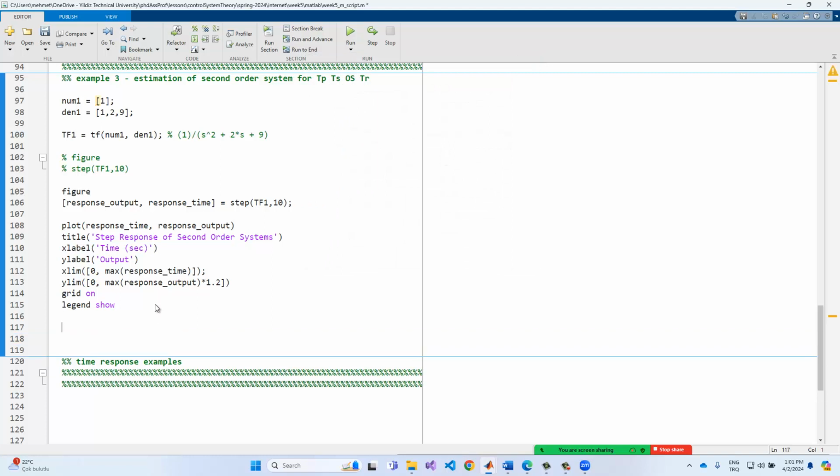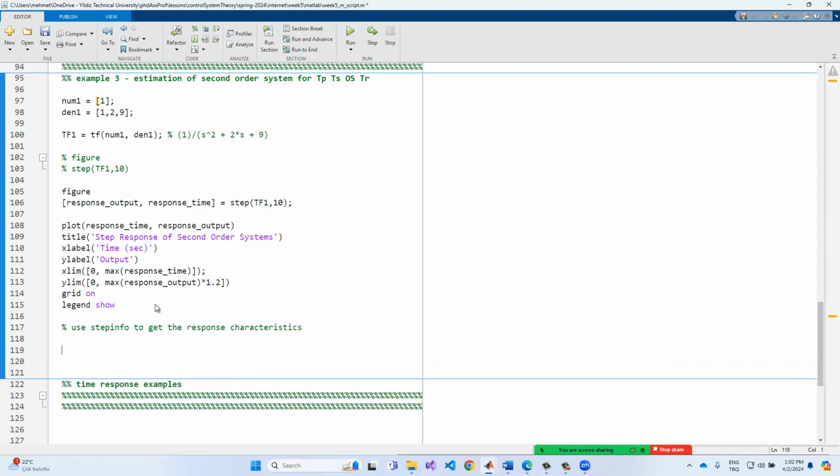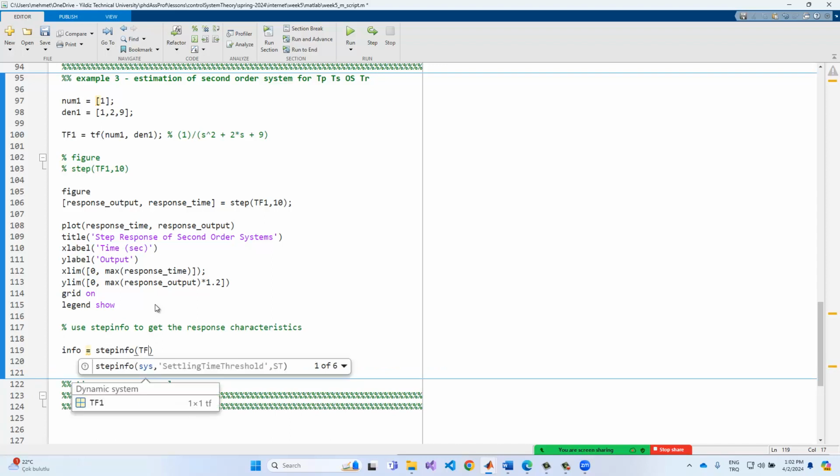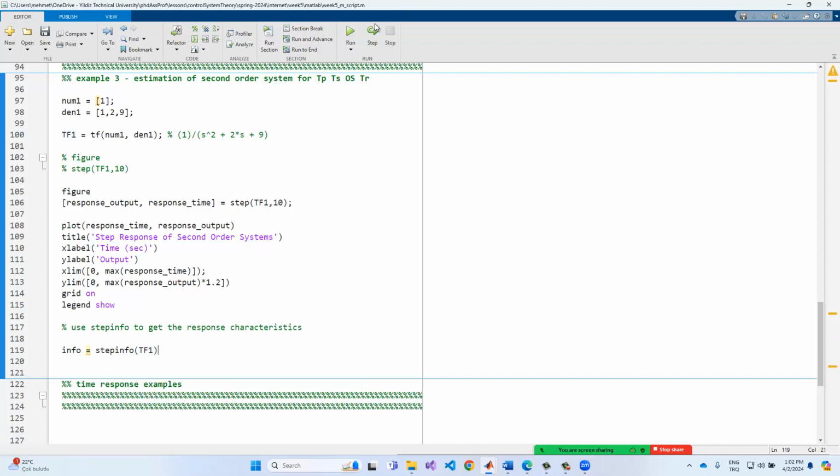Firstly, we have used the stepinfo function to get the response characteristics. First of all, info can be defined as the stepinfo function, which is given with tf1.